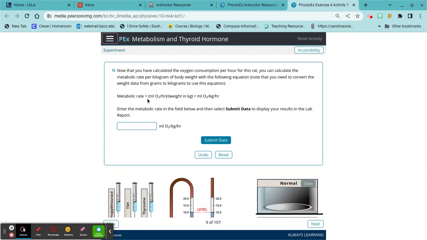Okay, so now we calculate the oxygen consumption to determine the metabolic rate per kilogram of body weight with the following equation. Note that you need to convert the weight data from grams to kilograms. Remember, converting from grams to kilograms, you are shifting. In this particular case, we want it in kilograms, so it's got to shift to the left, which means it's going to be a smaller value.